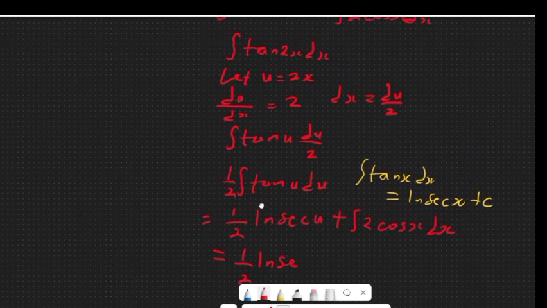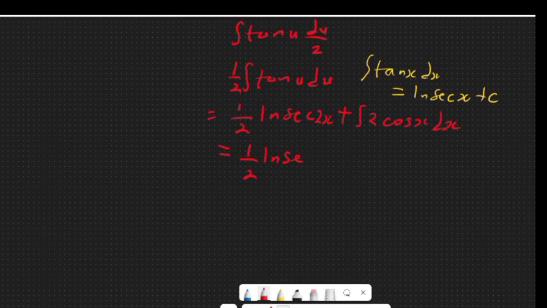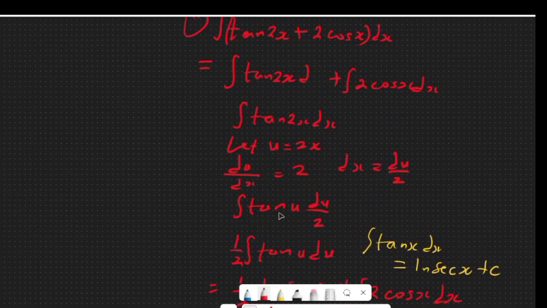Our u here is 2x. So by bringing the 2 out, then cos x, and the integral of cos x will give us sine x plus c. So that is the answer to this exercise.